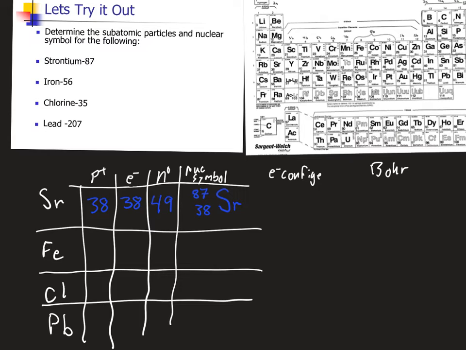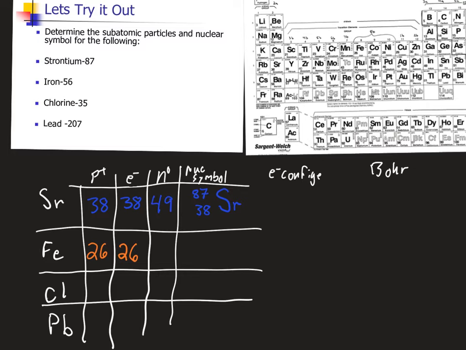Okay. Moving on to iron. And so for iron, the atomic number for iron is 26. Because again, we're dealing with a neutral atom, the number of electrons will also be 26.